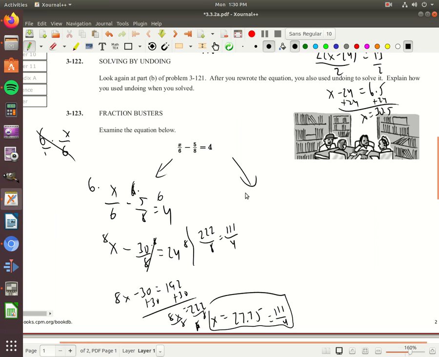So perfect. The other thing is this, though. What if I didn't want to do this in 2 steps? What if I said, hey, look, I know 6 goes into 24 and 8 goes into 24, so I'm going to multiply this by 24 instead of by 6 and 8.